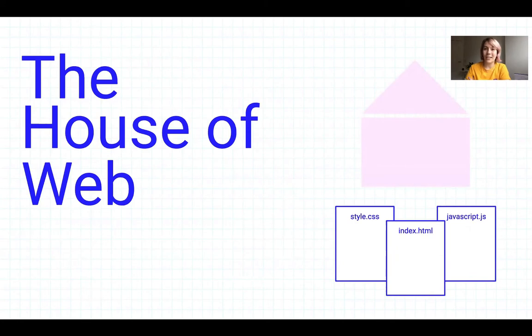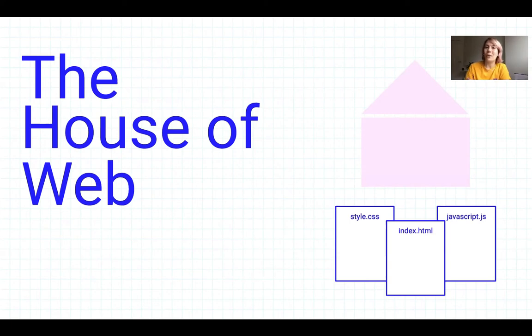Then we have the CSS, and CSS is about everything to do with how it looks. So if you think about your house, CSS would be the color of the walls, the floor you chose, and all the nice handles you have throughout your house. So without CSS, your house would still stand, but it would not look really pretty. And then lastly, we have JavaScript.